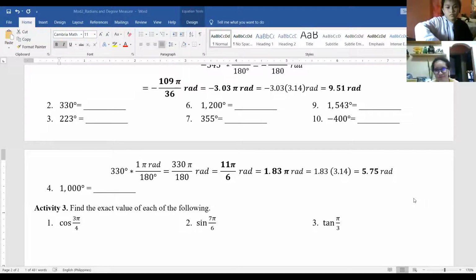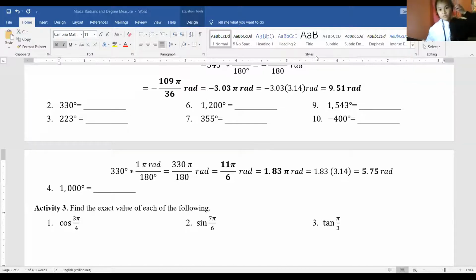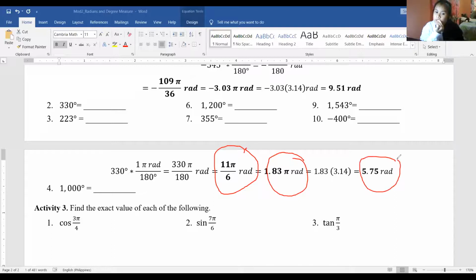We will multiply it with 3.14 after. With respect to the final answer, you can have this as your final answer, or this one, or this one. But there are calculators that don't have the display which is in fraction, so it could go with any of these.